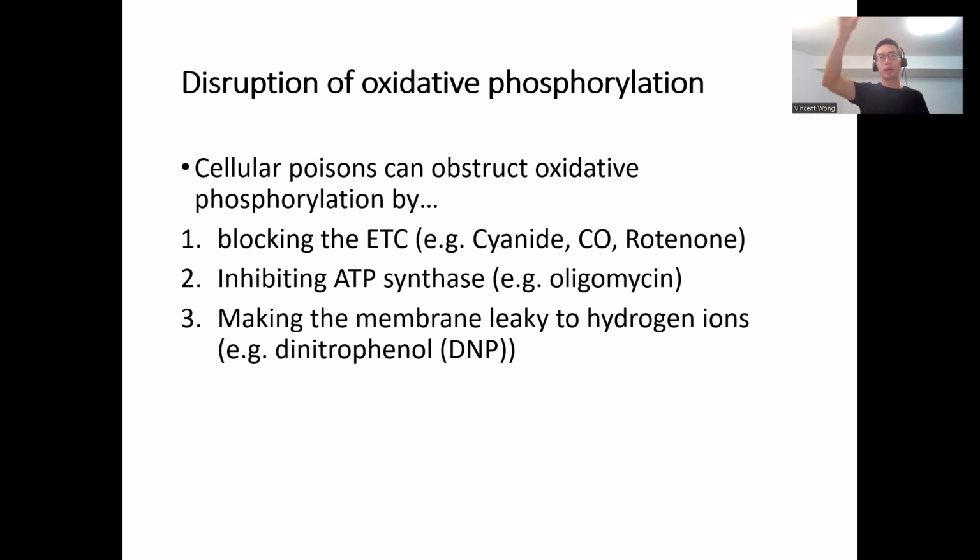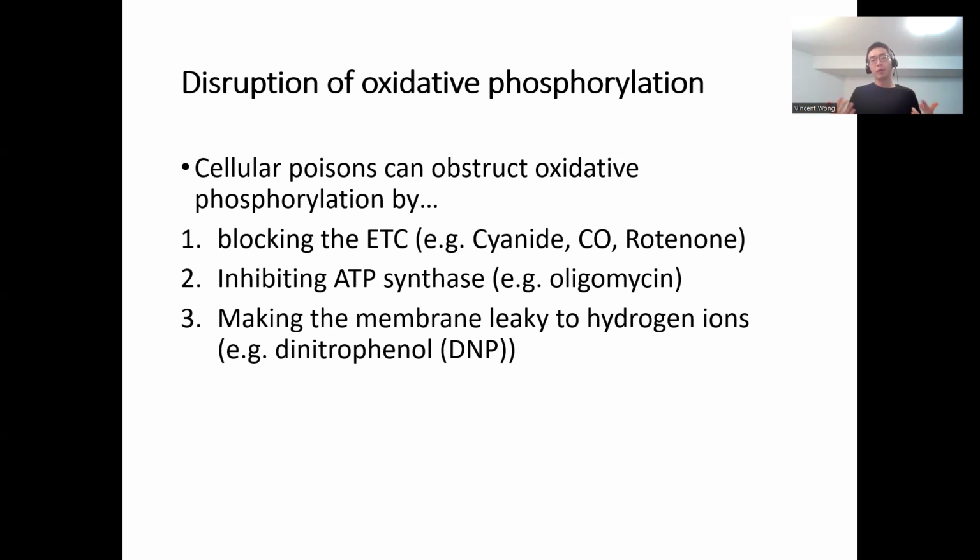Creating a gradient is the first step, and then letting the H+ go through the ATPase would be the second step. As it's coming back in, we use that energy to make ATP. So there are two phases to it: generating the gradient, creating the DAMP, and then letting it flow back.